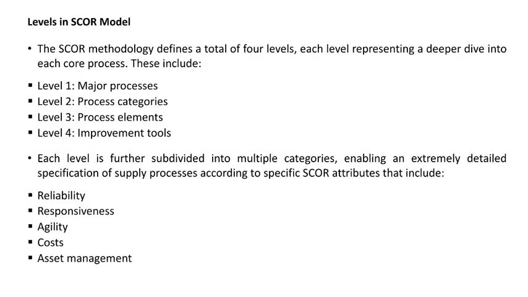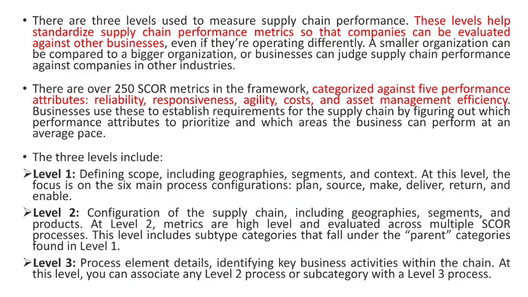Next, we'll see the different levels in the SCOR model. First level being major processes, level 2 process categories, level 3 process elements, and level 4 improvement tools. Each level itself has subdivisions: reliability, responsiveness, agility, cost and asset management.